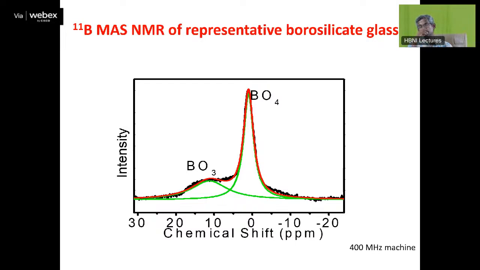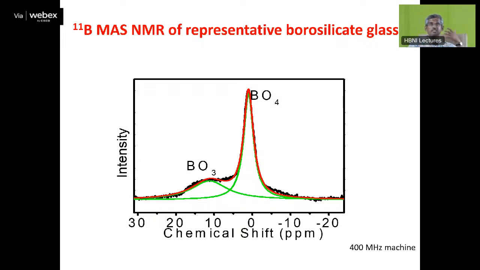The typical B11 MAS NMR spectrum of borosilicate glasses is shown here. BO3 and BO4, these are the structural units we can very well see. These BO4 and BO3 structural units are related to the glass network, and from this we can predict the properties of the glass.